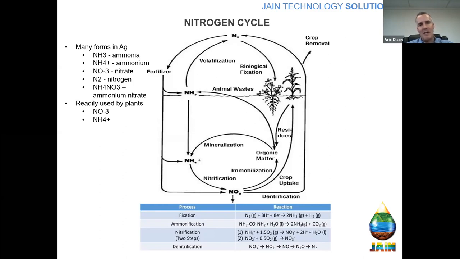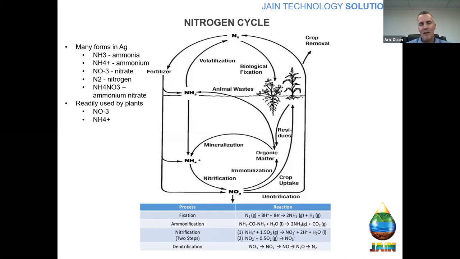So we have this unique environment where nitrogen is changing forms. It's changing forms in the soils, it's changing forms in the air, and it's being helped by either industrial processes like the Haber-Bosch or biological fixation processes like soybeans. And for growing crops, we need to get this nitrogen in the 2 forms that can be used by plants.